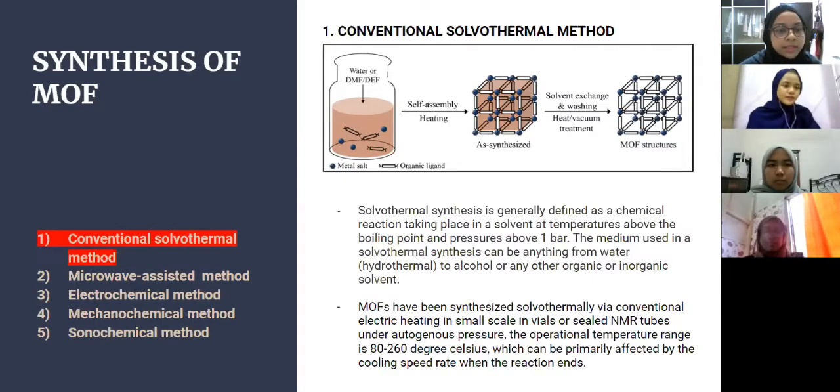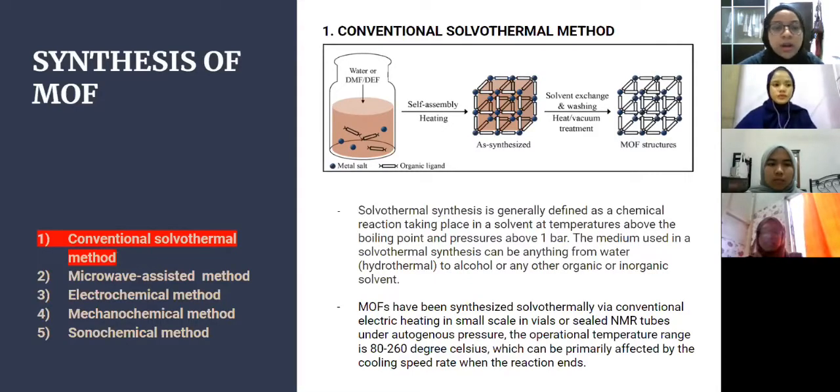The first method is the conventional solvothermal method. Solvothermal synthesis is generally defined as a chemical reaction taking place in a solvent at a temperature above the boiling point and pressures above 1 bar. The medium can be anything from water, called hydrothermal, to alcohol or any other inorganic and organic solvent.